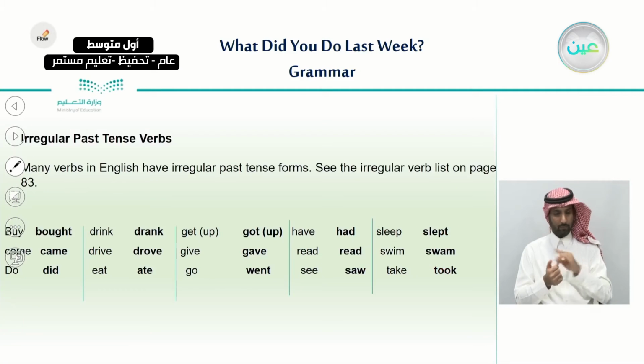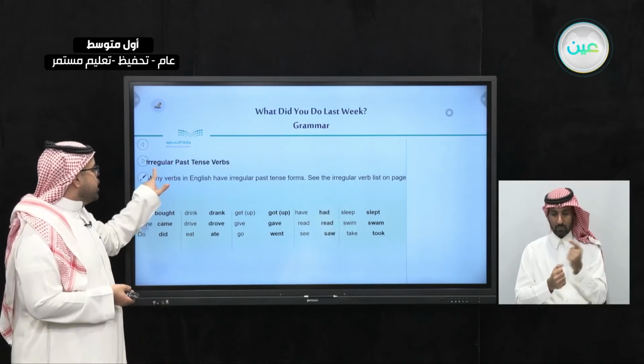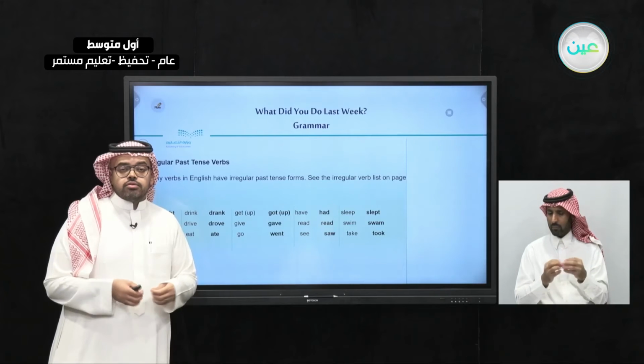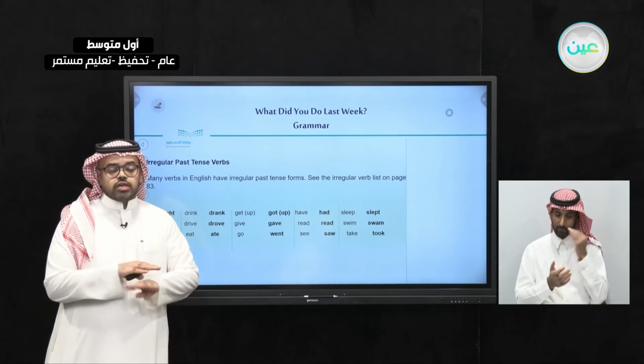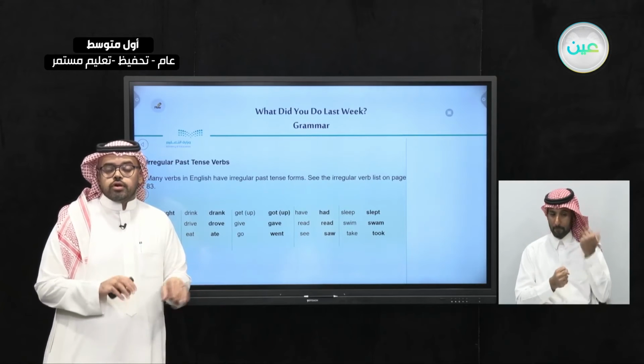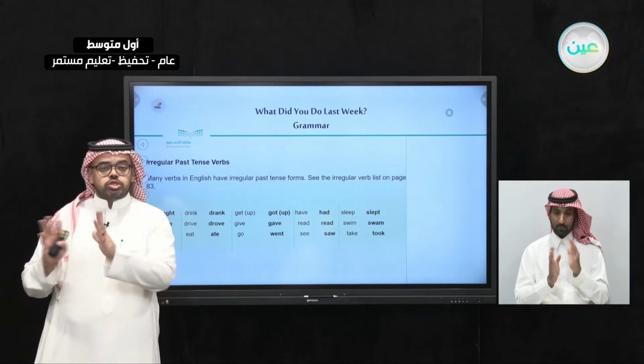We have another form of this verb, and this form we call irregular past tense verbs. What do we mean by irregular? It has no system, it has no form. Each verb has its own form, its own shape.